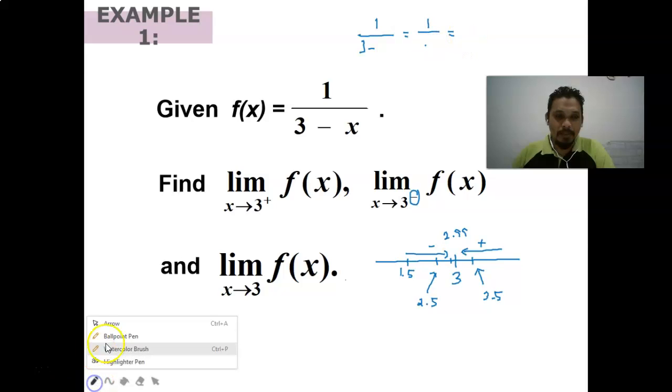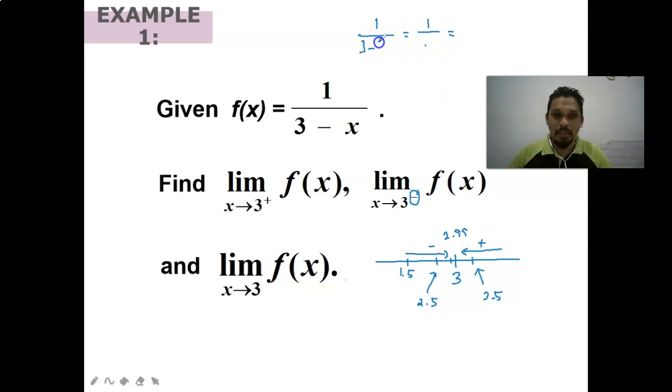So now 3 minus 2.99 equals 0.01. So then 1 divided by 0.01 equals 100.